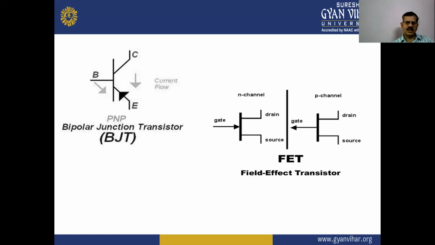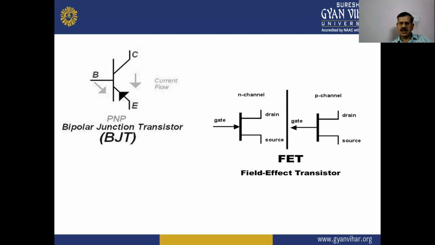Now a comparison of the symbols of BJT and FET. In a BJT there are three terminals: base, emitter and collector. In FET there are two types, N channel FET and P channel FET. The first diagram is the symbol of the N channel FET, with three terminals: gate, drain and source.